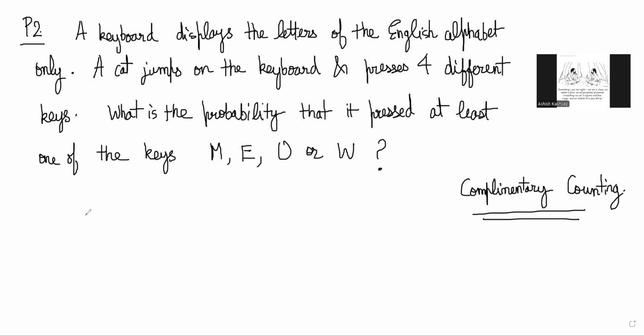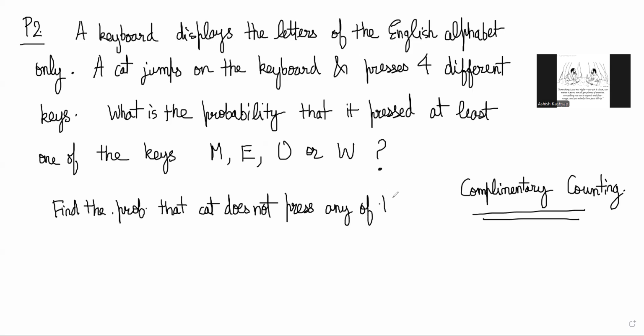So what you should do here is find the probability that the cat does not press any of these 4 keys.